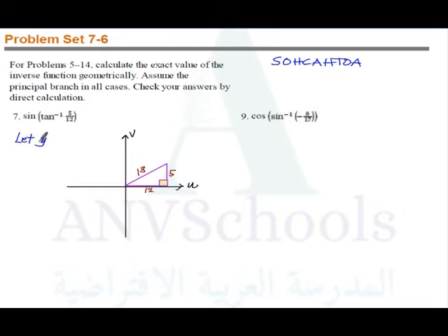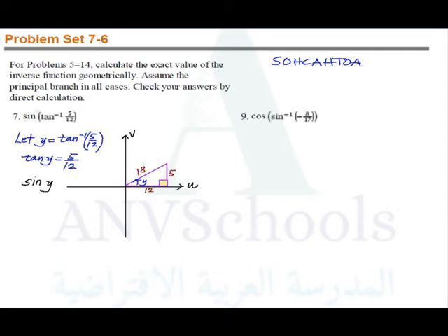Let's say y equals inverse tangent of 5 over 12. That means that tangent y is equal to 5 over 12. So this is actually y. The unknown here is sine of y, because y is equal to this portion here.